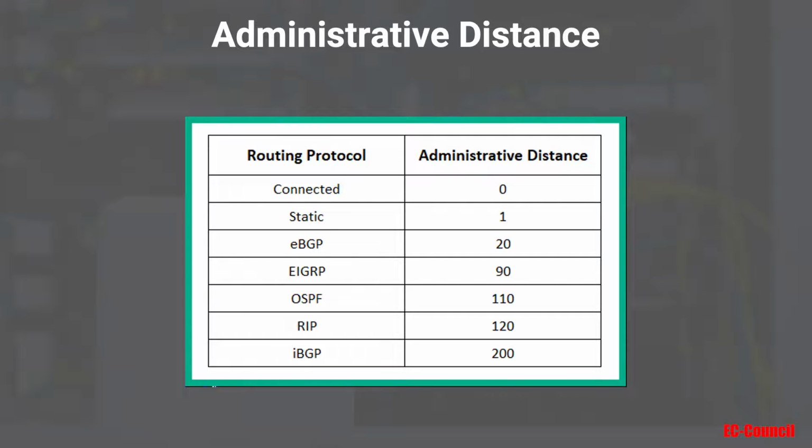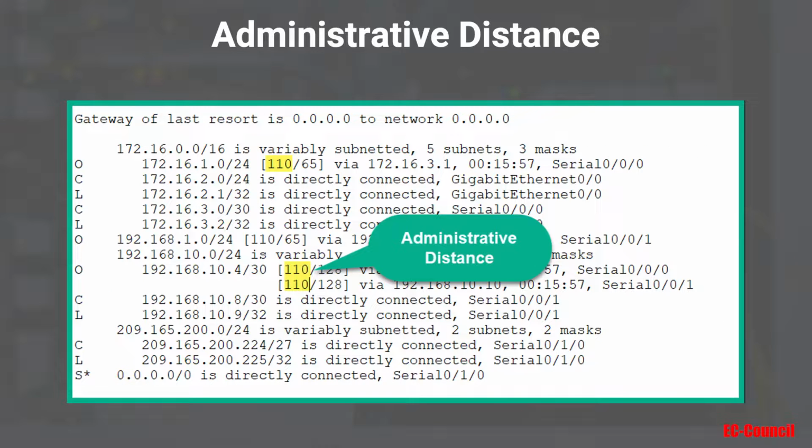Within the routing table, we always have an X/Y value that is between square brackets. This is as long as we are using a dynamic routing protocol. So for example, without looking at the source codes here, simply by looking at the X value, which is the administrative distance value, we need to know what the routing protocol is. We can see across here the X value, and here, of course, the X value.